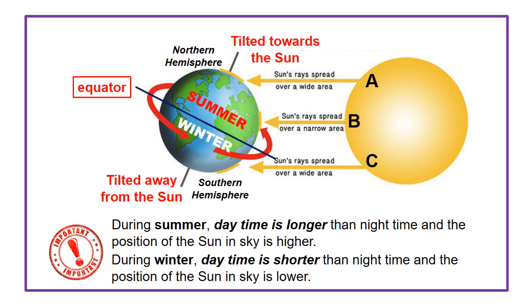While during winter, daytime is shorter than nighttime, and the position of the sun in the sky is lower. So when you say position in the sky, that means if we are going to compare the noontime of summer to the noontime of winter, in summer, the sun is higher than in winter.